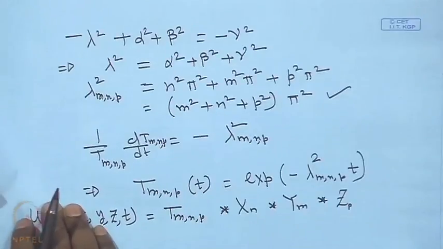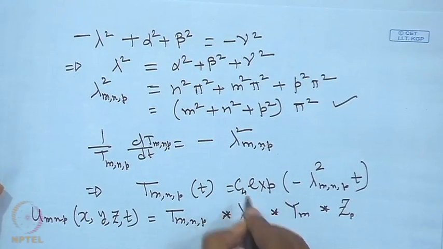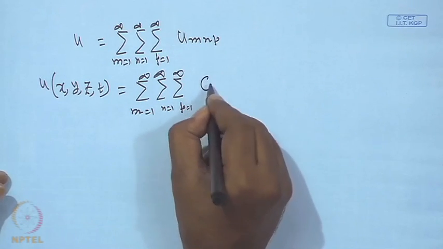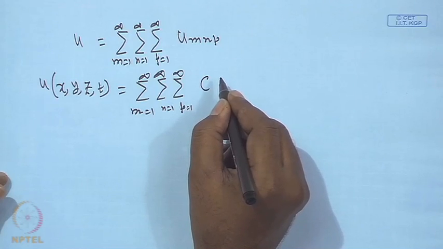The solution of T should be associated with a constant C4. So, we multiply all the constants, all the functions. So, it will have a new constant, multiplication of all the constants C1, C2, C3 and C4.